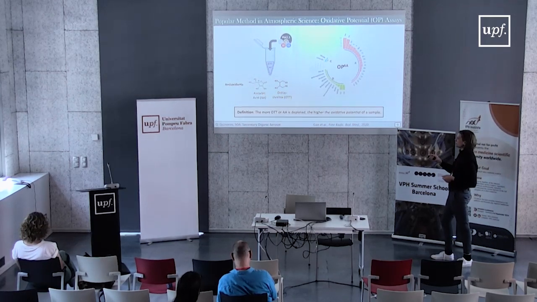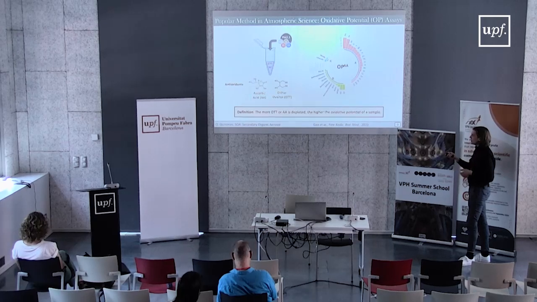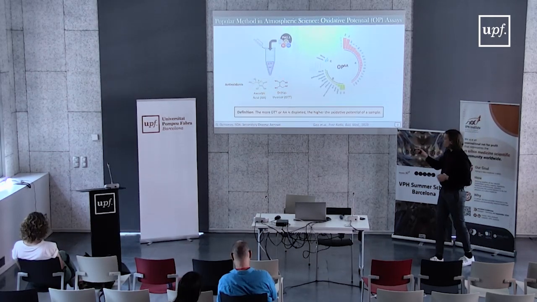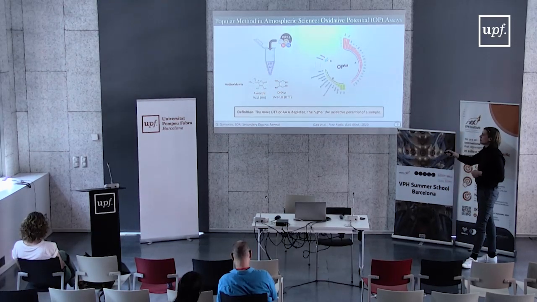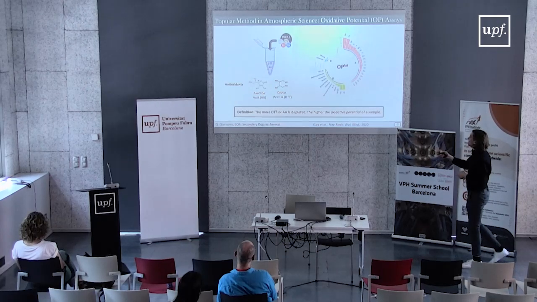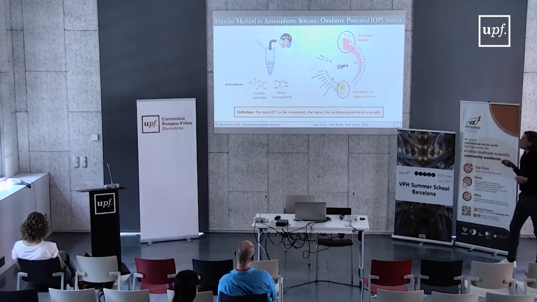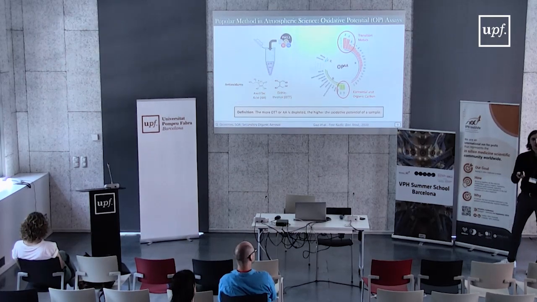The antioxidants typically used are ascorbic acid, vitamin C, or DTT, which is a thiol. They mix this together and look at how much of these are depleted after mixing. And then you can actually determine which components of these particles cause these antioxidants to deplete, right?